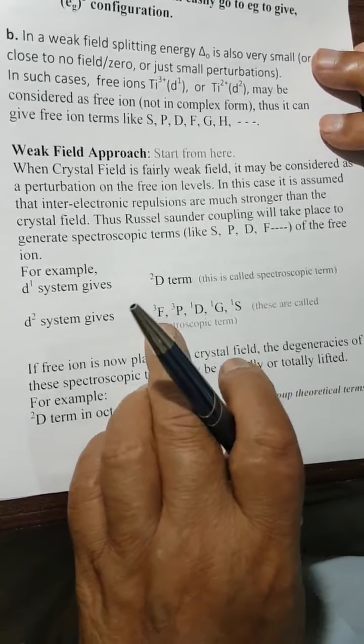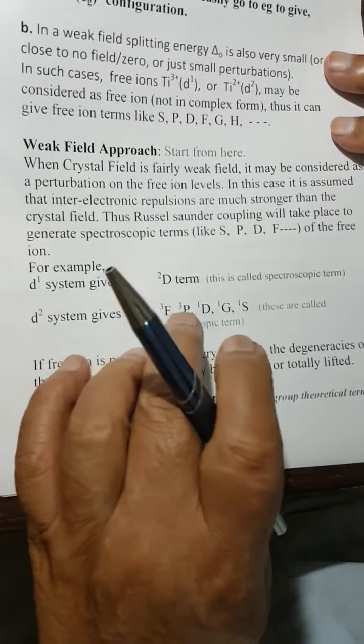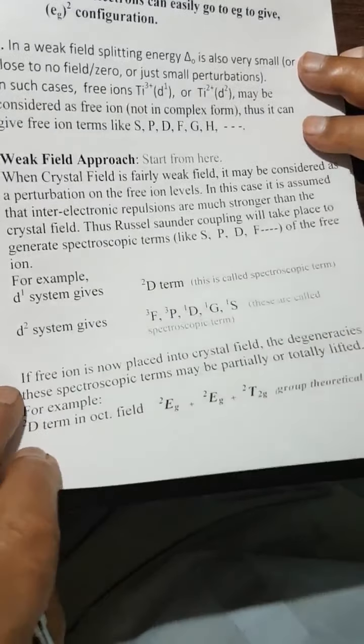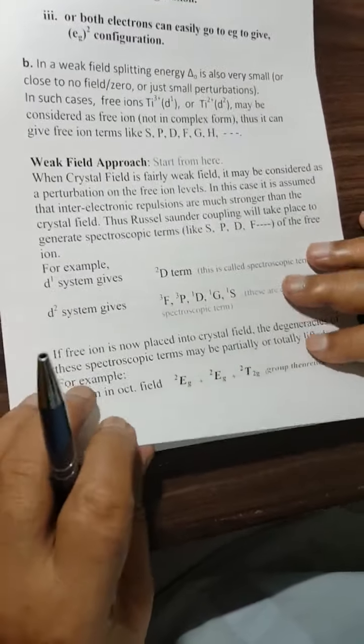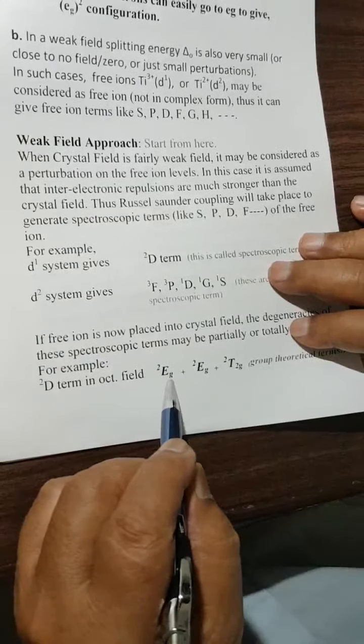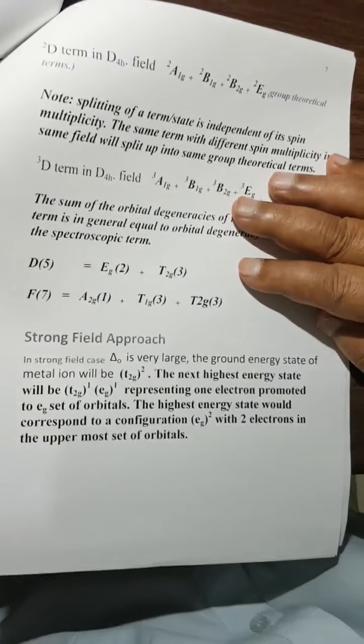And similarly, whatever happens to f orbitals, the same happens to this. You will understand that more in a minute. So D, see this one, I have written D term in octahedral field gives doublet Eg, doublet T2g. And if you add them up, it should come to 5.